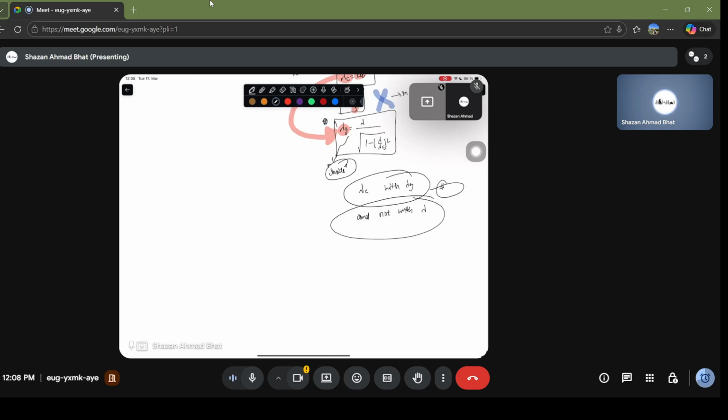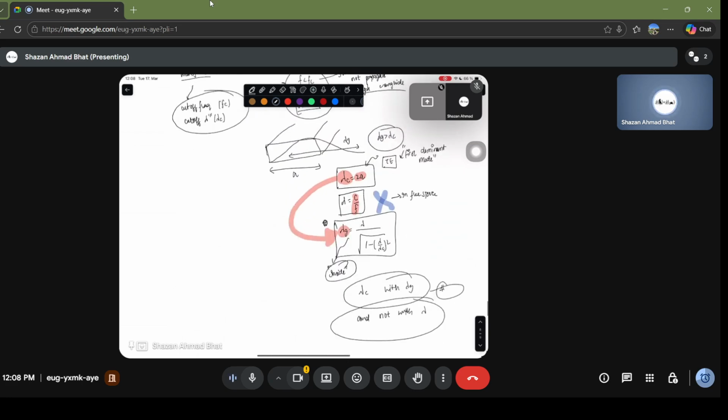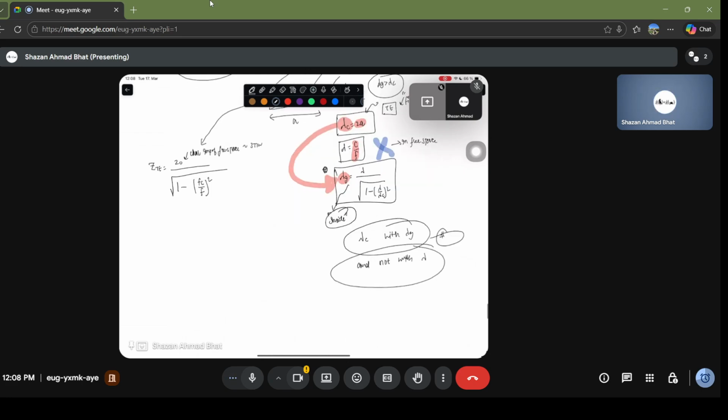Now what else did we study? We studied the impedance of the waveguides. Again, the same similar factor comes in: the impedance faced by the TE mode will be the intrinsic impedance, the characteristic impedance of free space, which is around 377 ohms, divided by the same factor, which is the square root of 1 minus (cutoff frequency divided by frequency) squared.